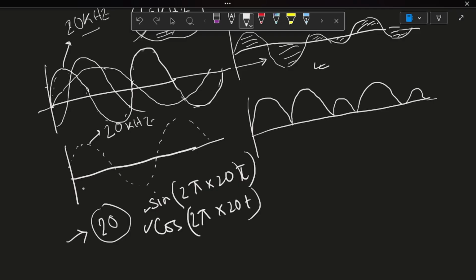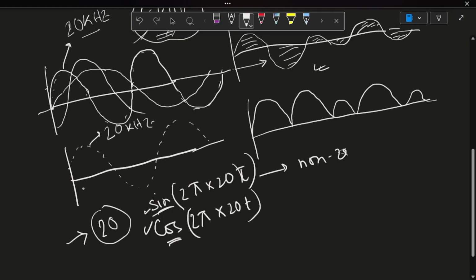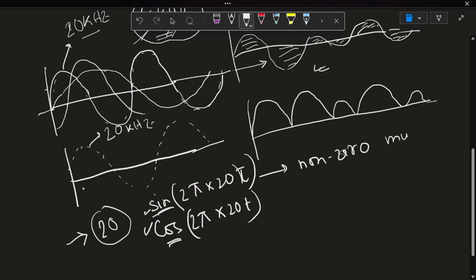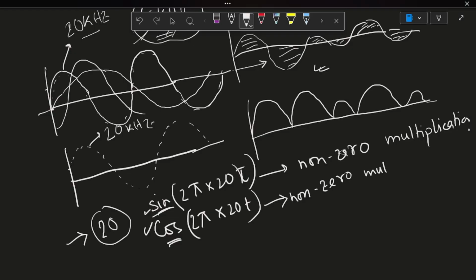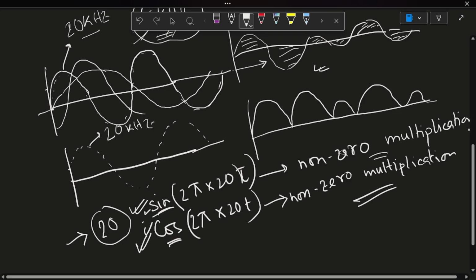For each of these cases, if we multiply this signal with both of them, looking for long enough time, you will get some non-zero area, and this will also give you a non-zero multiplication. That is why you have to consider both cases. You have to multiply with sine also, and with cosine also.